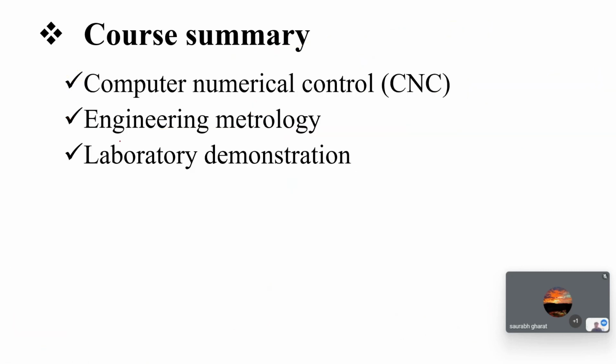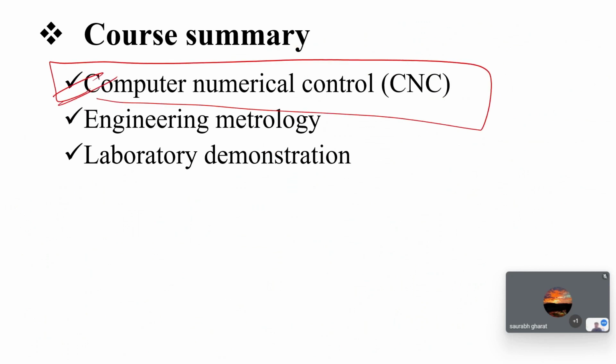So after that you will have the computer numerical control, CNC machines. In those CNC machines, mostly it is how to control everything, how to control the computer aided machines, and how to create a part program.